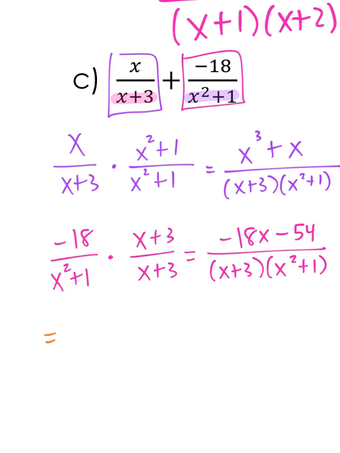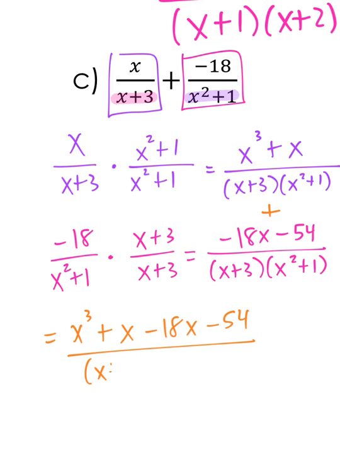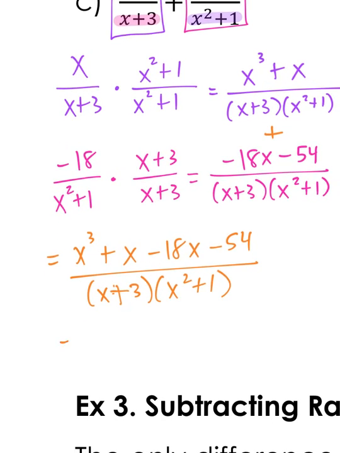So now I can add these together. So I'm going to get x cubed plus x minus 18x minus 54 all over my new denominator. And then I can simplify that.